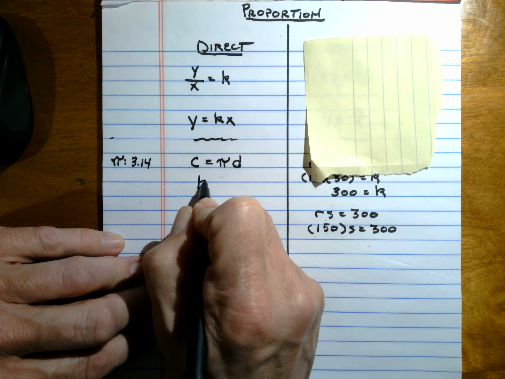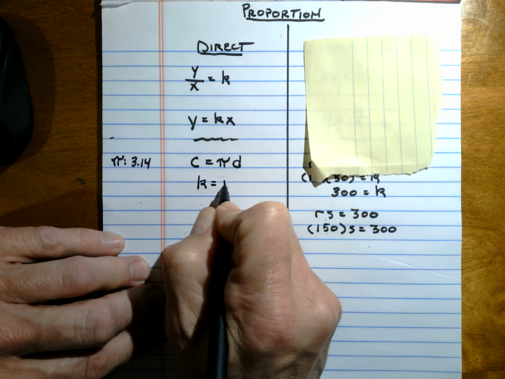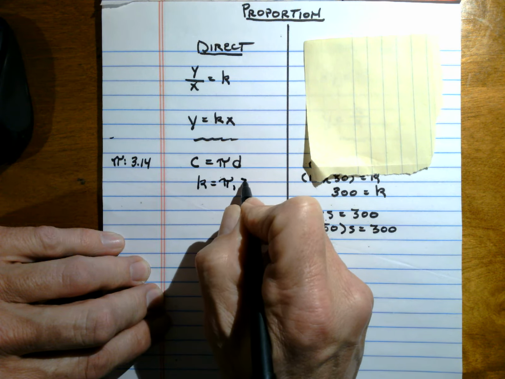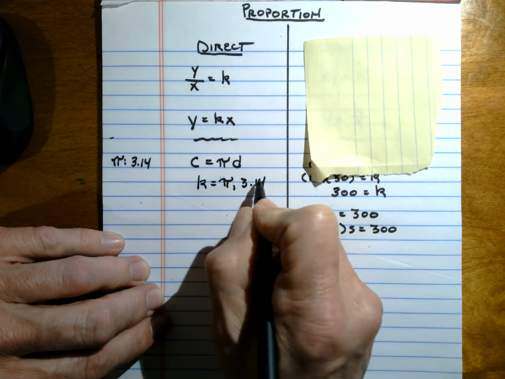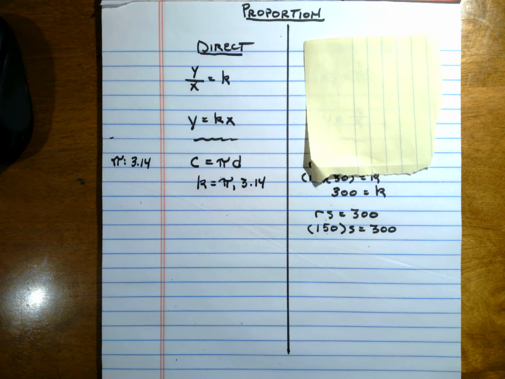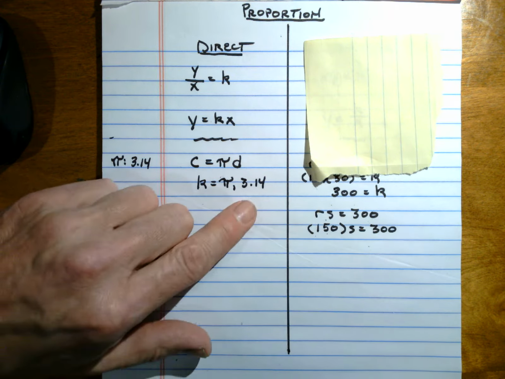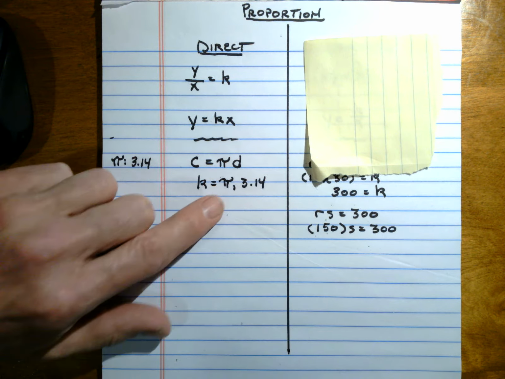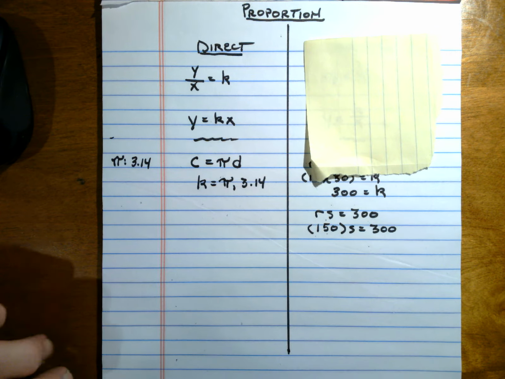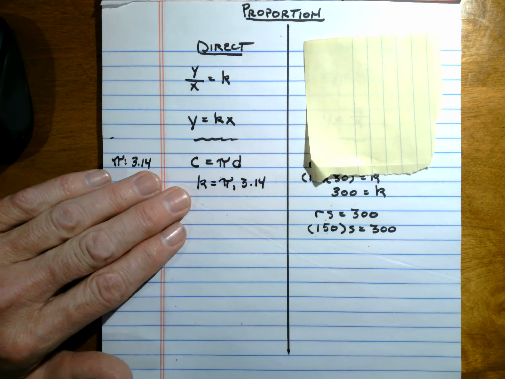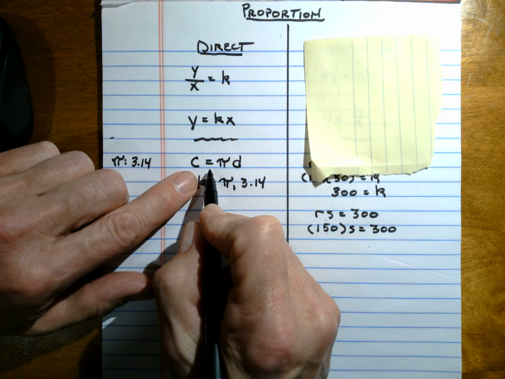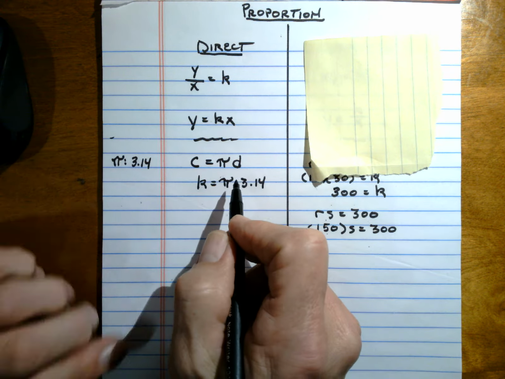And we can simply say that the constant of proportionality is pi, or 3.14. However, I don't know in your past math classes if you dealt with pi, but 3.14 is a common estimate of the value of that number. So now we know every time we have this relationship that the circumference is always equal to 3.14 times diameter.